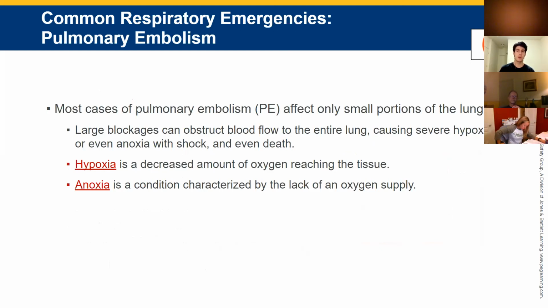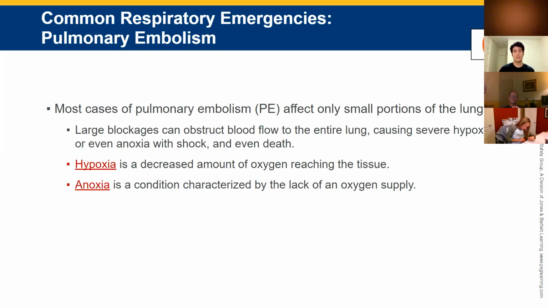That makes your heart hurt. So a PE actually causes the same things. It causes shortness of breath because you're not getting enough oxygen, and it causes chest pain because you have a blood clot in your lung, which is very painful. It's causing pressure. It's causing death of your lung section. So that'll also cause shortness of breath and chest pain.